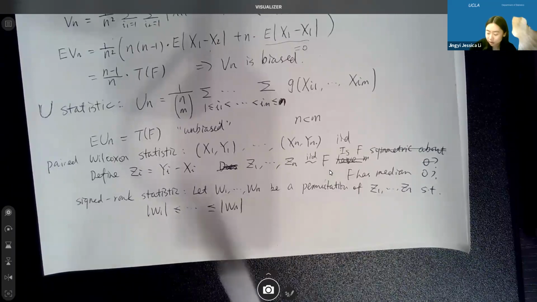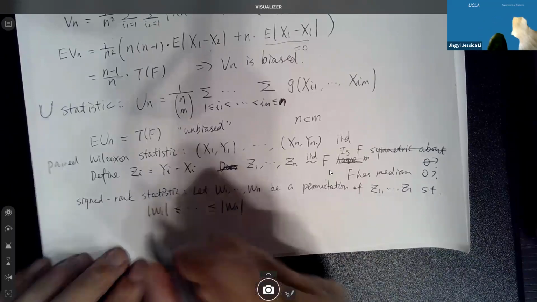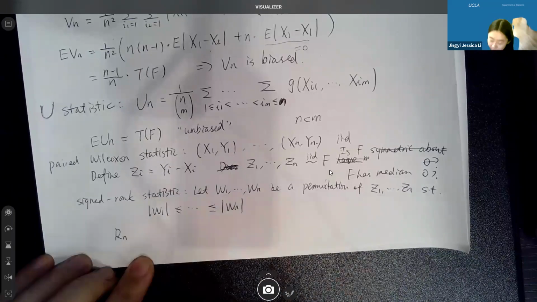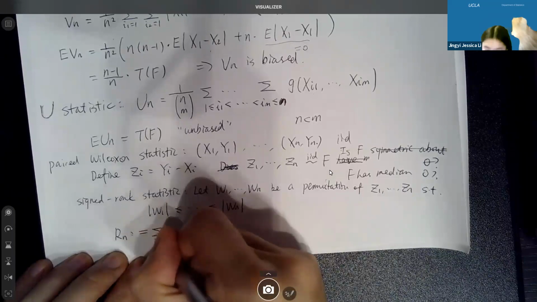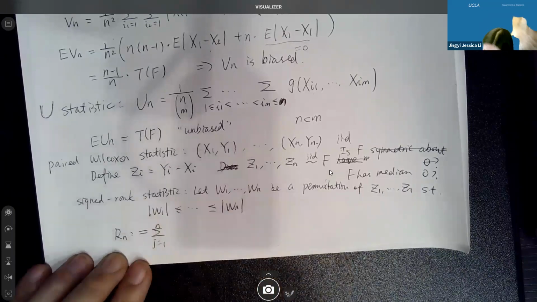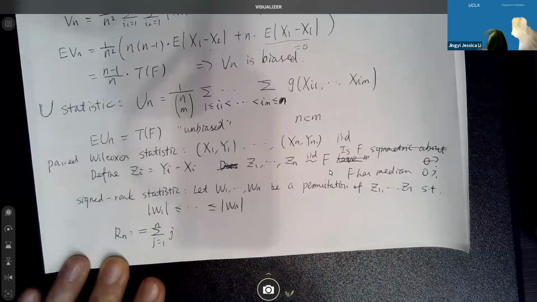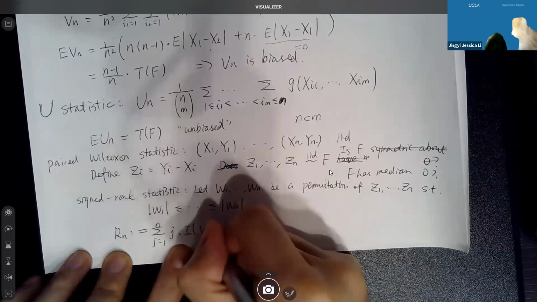We can have large absolute values that are positive and negative, and also small values that are positive and negative. So here the signed rank statistic is defined as R_n, the summation over j from 1 to n of j times the indicator function that W_j is positive.